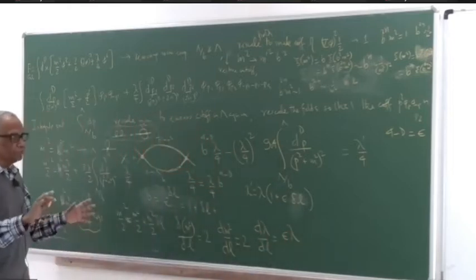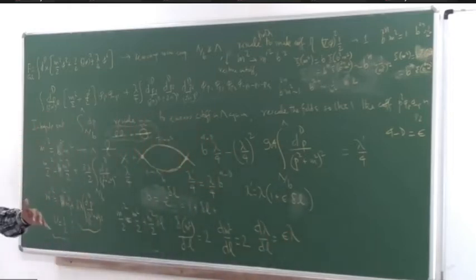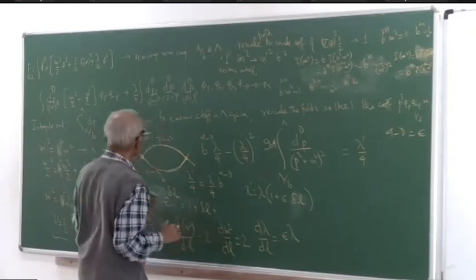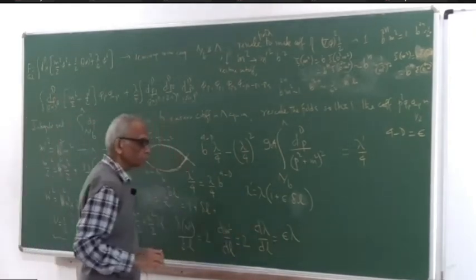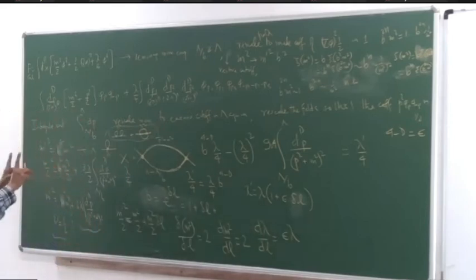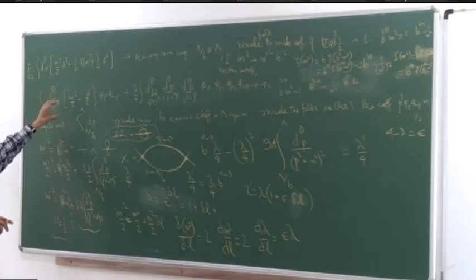And for epsilon greater than 0, which is d less than 4, lambda grows. So M square grows, and this one grows. I mean, there is only one relevant variable in this problem.